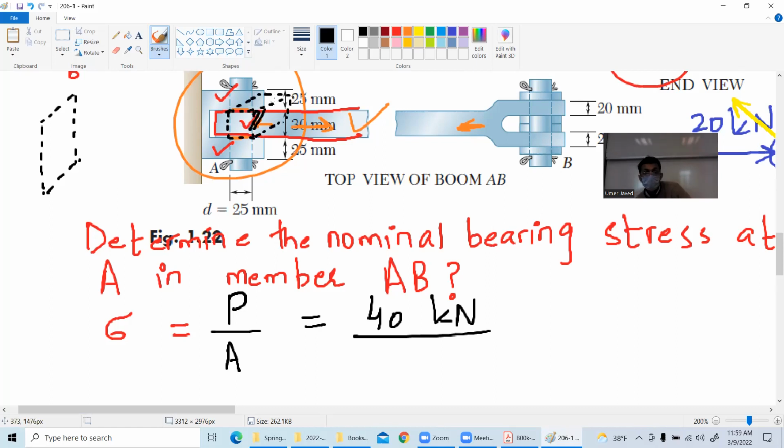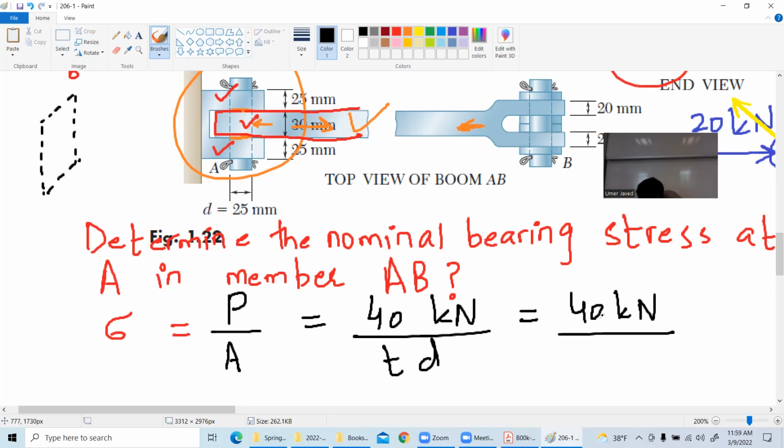So you see this, even when it is circular, I have to look at the rectangular window. Even when the pin is circular, I have to look at the rectangular window. So it will be thickness multiplied by diameter, which is 40 kilonewton divided by, what is the T?